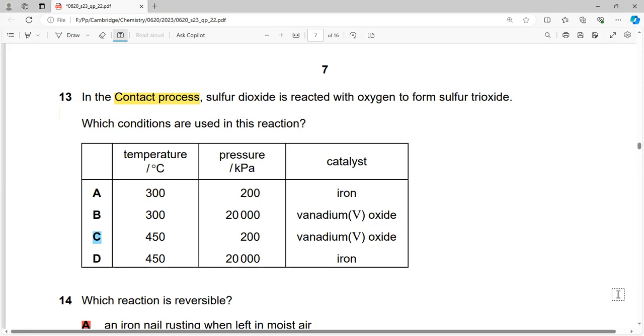In this way, we need a moderate temperature, that is 450 degrees Celsius, high pressure, 200 kilopascals, and a catalyst, vanadium oxide. You need to learn these as the conditions for the contact process and the Haber process. So C is our correct option here.